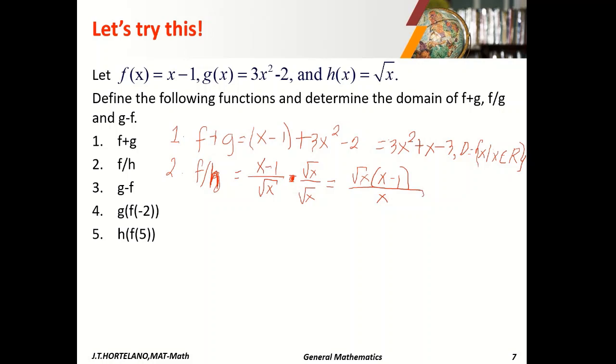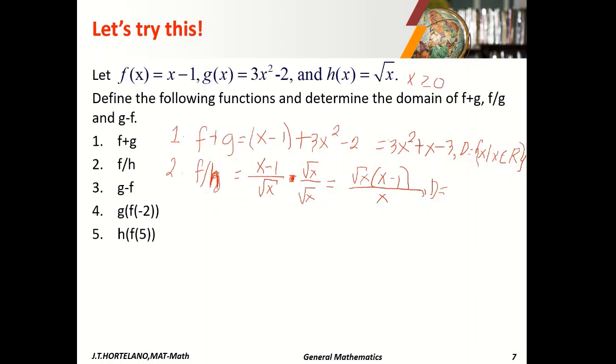Now what's the domain? The domain is, so since ito ay pinag-combine na nating radical function and a linear function, we know that for the linear function, the domain is elements of real numbers. But for the radical function, our radicand must not be negative, so x should be greater than or equal to 0.